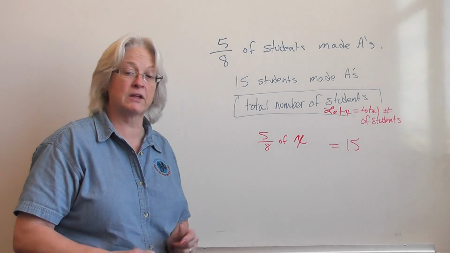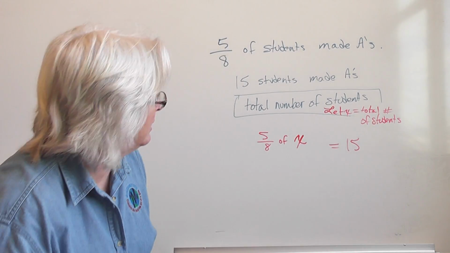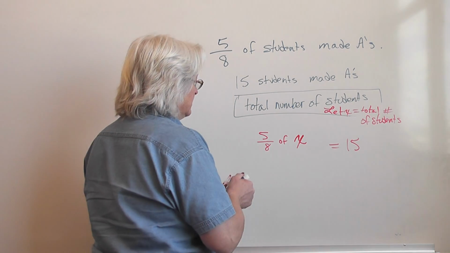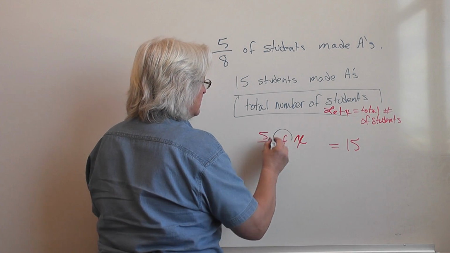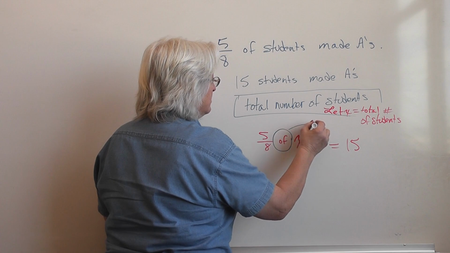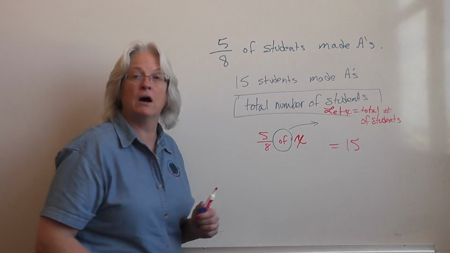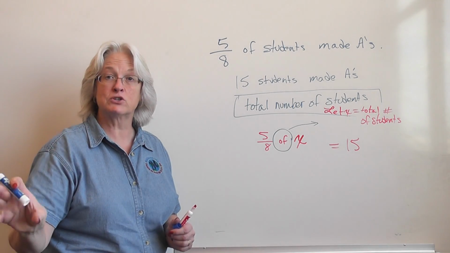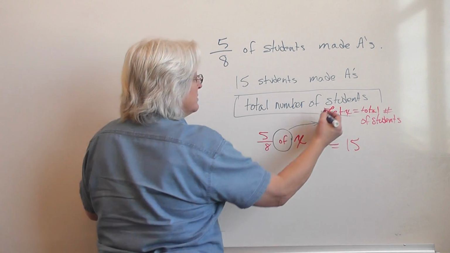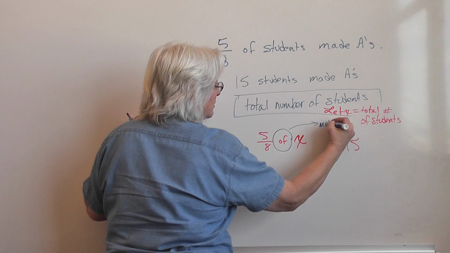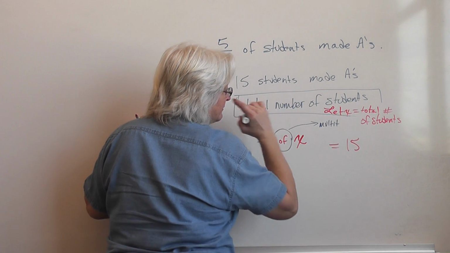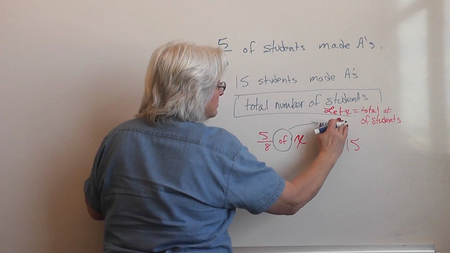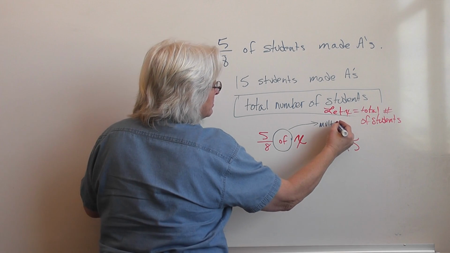Now we're getting closer to having an equation in algebra here, but we have this pesky little "of" here. And what are we going to do with that? What does "of" mean? When you're translating algebra to English, "of" always means multiplication. We're going to always multiply to find a fractional portion of something.